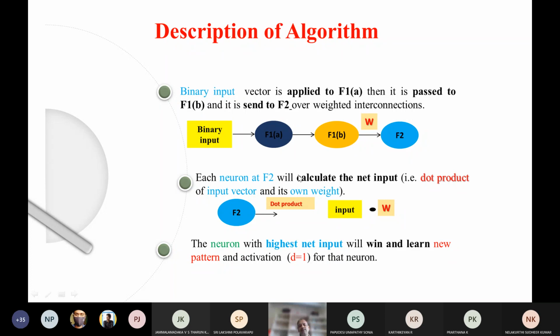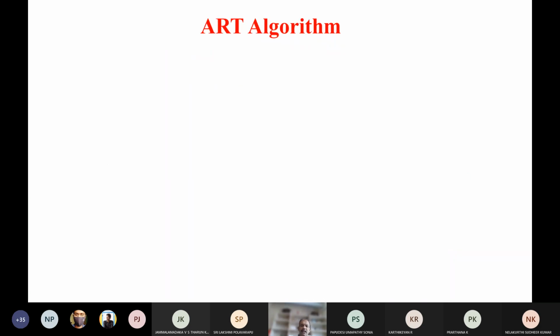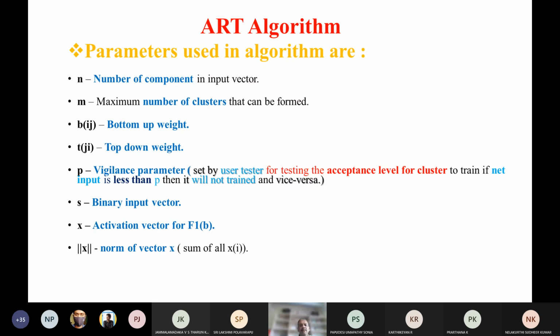Then you may have multiple neurons, and the neuron with the highest net input will win and learn the new pattern, and the activation for that neuron will take place. This is the basic ART algorithm working principle.